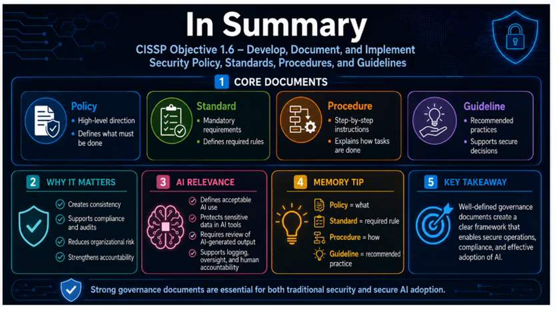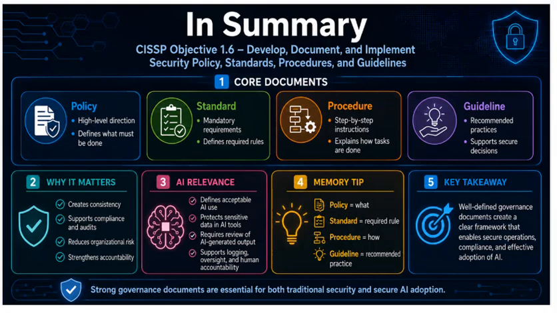This objective is also important for AI governance. As organizations adopt generative AI agents and machine learning systems, they need clear rules for acceptable AI use, sensitive data protection, prompt handling, output validation, access control, logging, and human oversight.